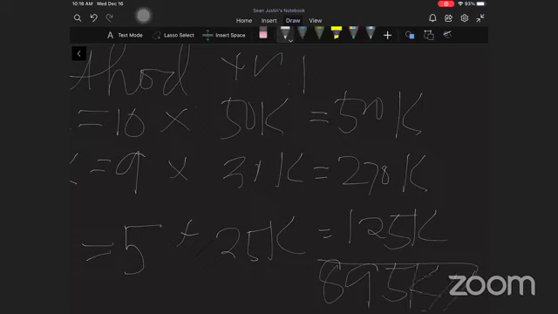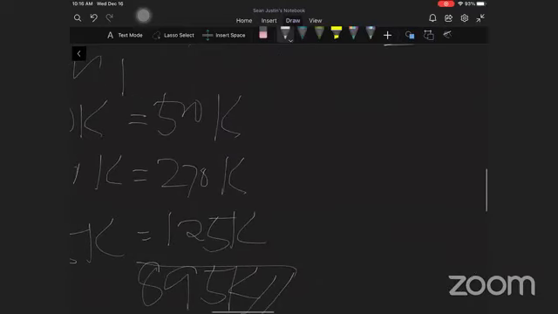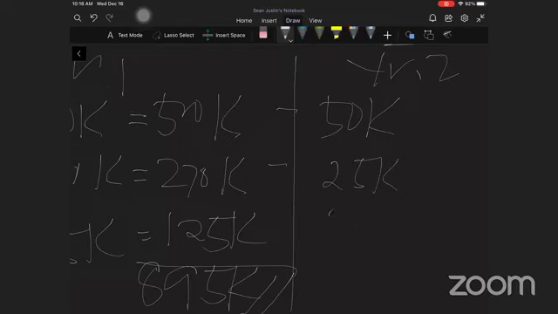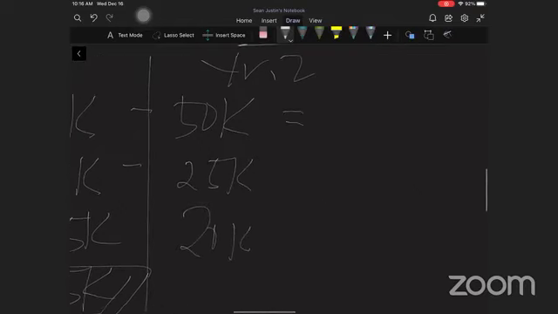For year 2, the actual production is 50,000 for machine A, 25,000 for machine B, and 20,000 for machine C. So machine A is 500,000.